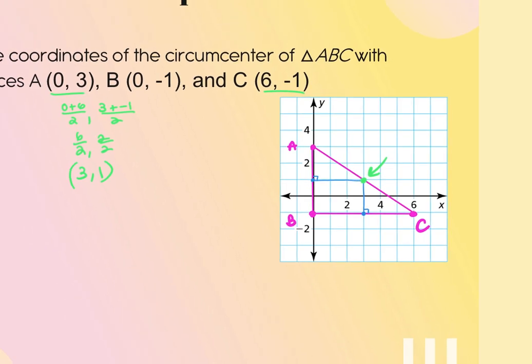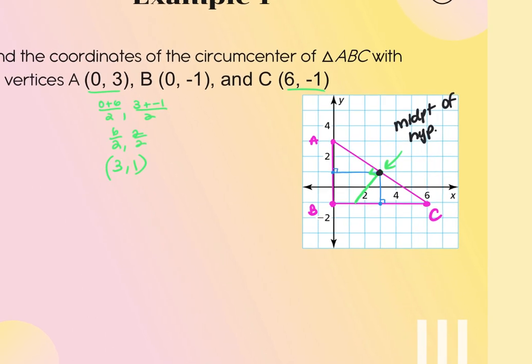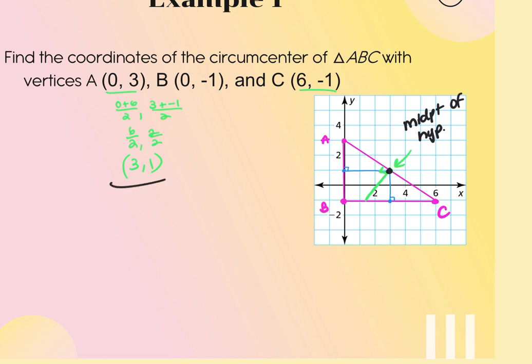The perpendicular bisector would just run perpendicular to this. So those three, because this is a right triangle, meet at the midpoint of the hypotenuse. And that will happen for every right triangle. And the coordinates there are (3, 1).